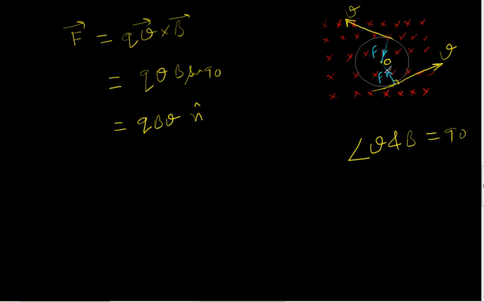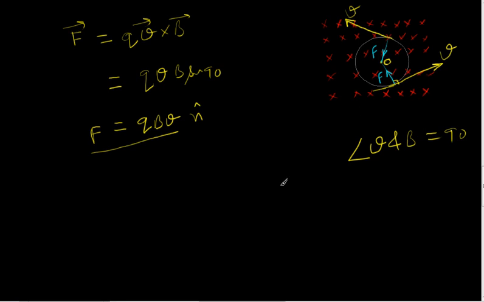So the F vector will lie in the surface, but it will make 90 degrees to the velocity vector. At any point the force vector will always be 90 degrees to the velocity vector, and the magnitude of the force is given by qBv.